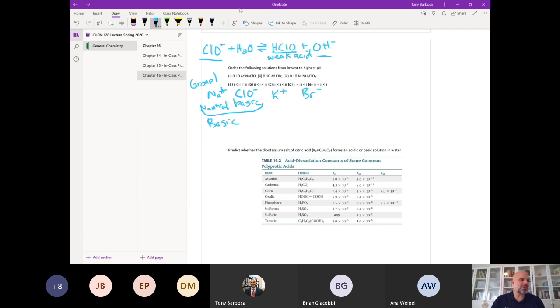Potassium is in group 1, so it's going to be neutral. Additionally, because it has a +1 charge, it's not going to form an acidic solution. So what about bromide?